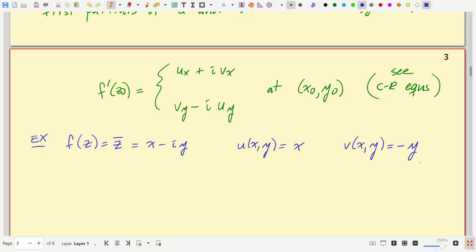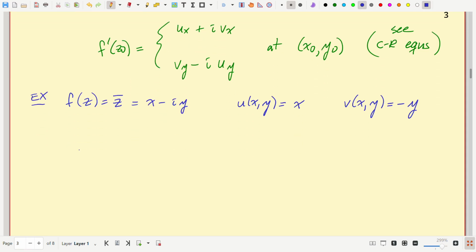And if I were to check the Cauchy-Riemann equations, du dx would be equal to 1. And the big question is, is that equal to dv dy, which is minus 1?